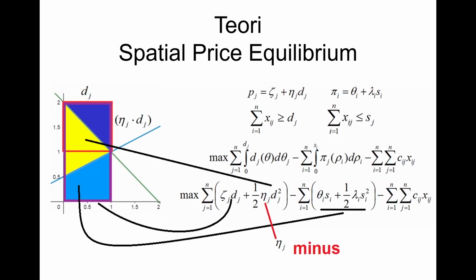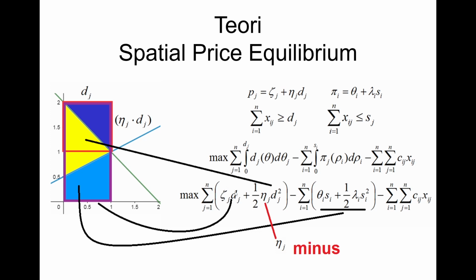This can be expressed in mathematical terms. There are a lot of equations here, but we can look specifically at the yellow area, which is what we are interested in. This is the welfare, an economic term.